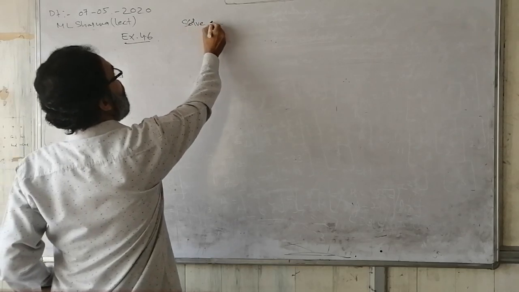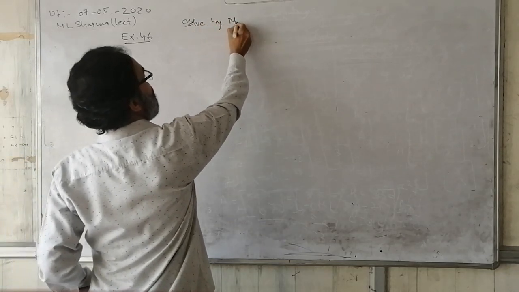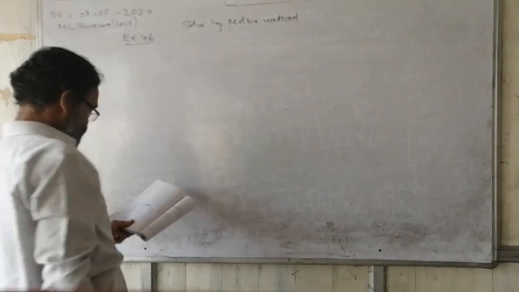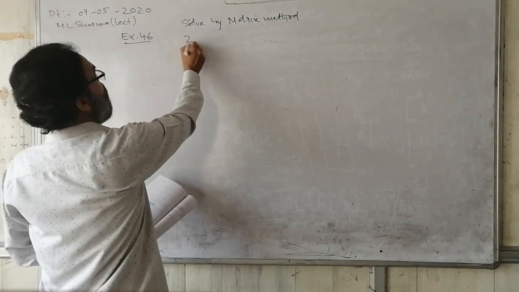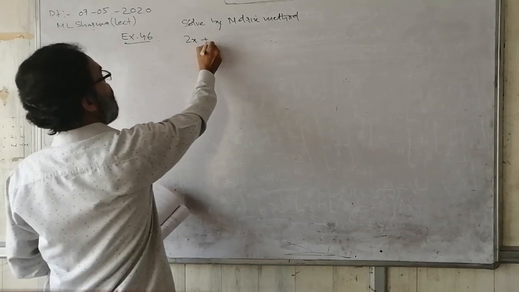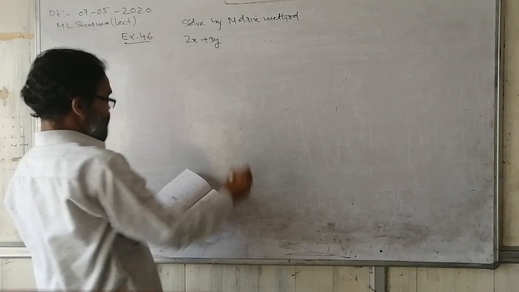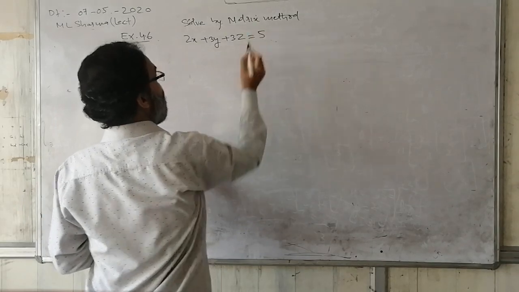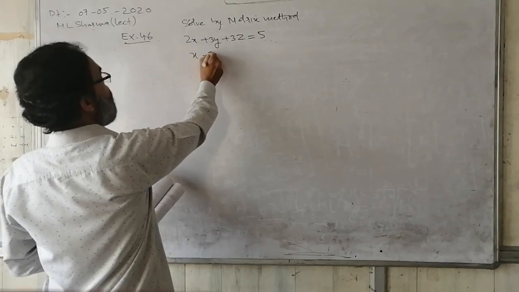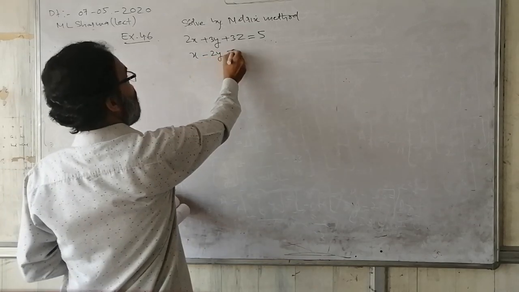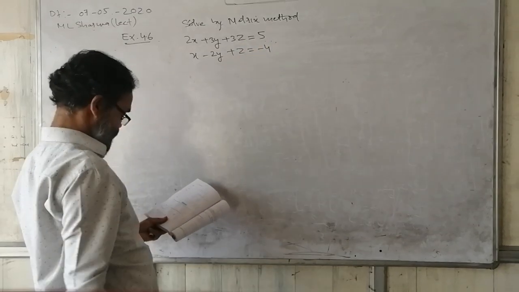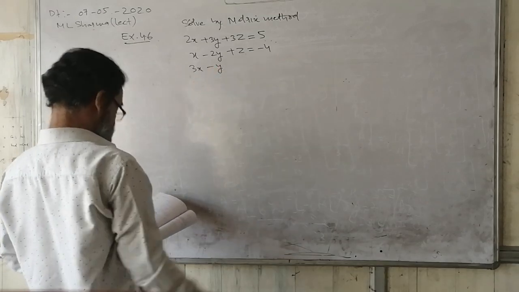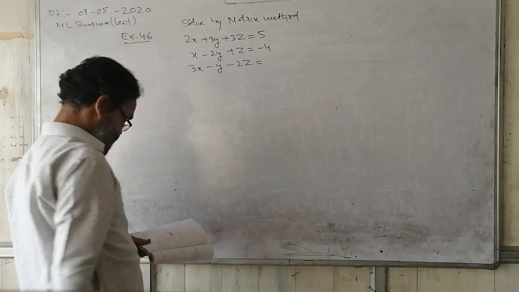Solve by matrix method the equations 2x plus 3y plus 3z equals 5, the second equation x minus 2y plus z equals minus 4, and 3x minus y minus 2z equals 3.